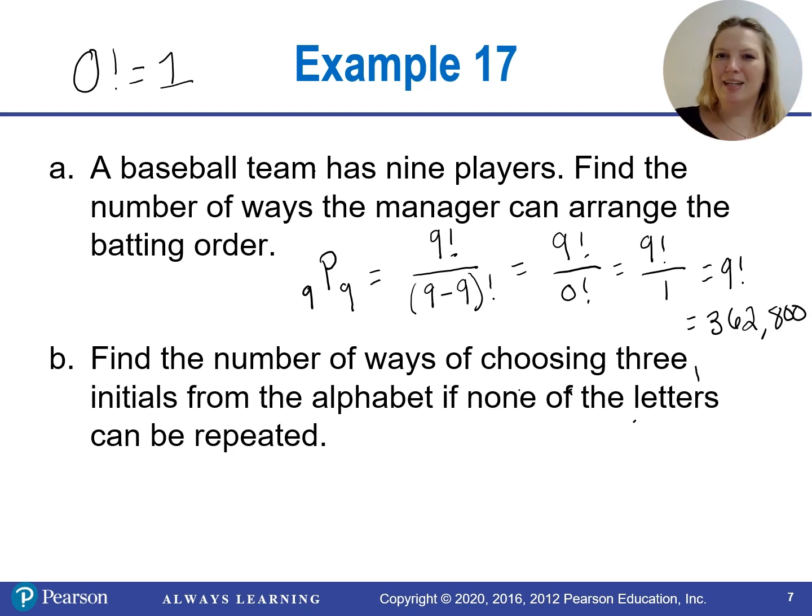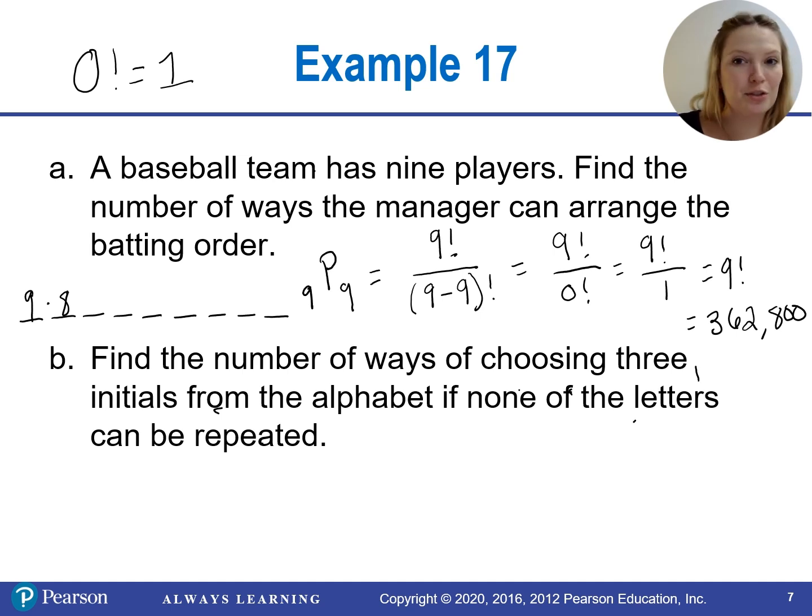Using the formula here is actually a little bit more difficult and less intuitive than just thinking through the question. Because if you again have 9 places in your batting order, when you go to choose the person who's going to go first, you have 9 options, and then when you choose the person who's going to go second, you only have 8 options.